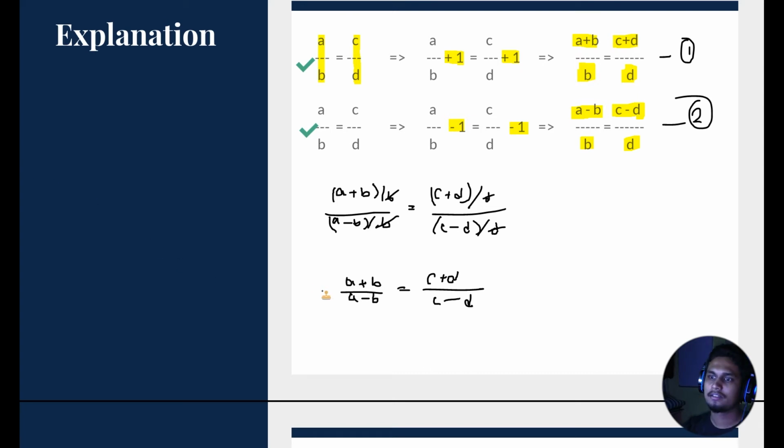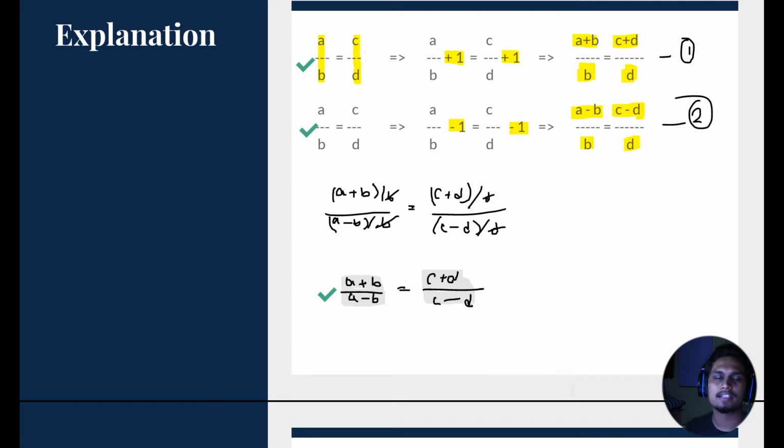So this is the Componendo-Dividendo rule. So a plus b by a minus b is equal to c plus d by c minus d. I hope you have understood how it came, and you can just implement this one in the problems and you can easily get the solutions.